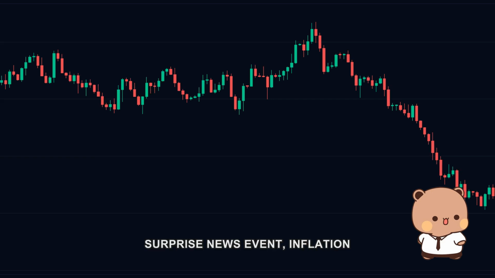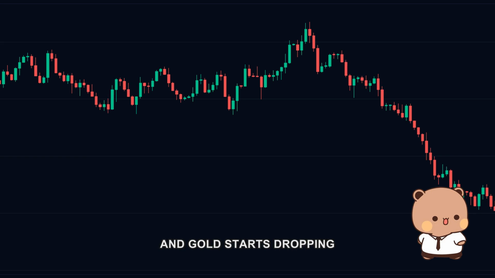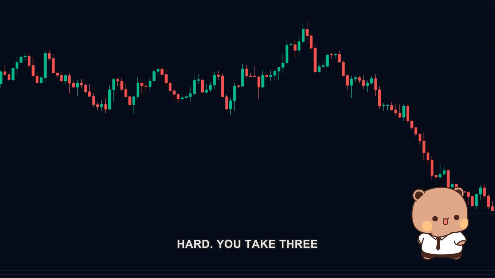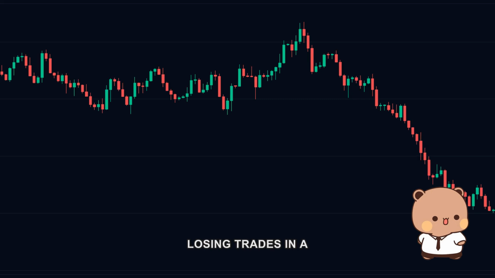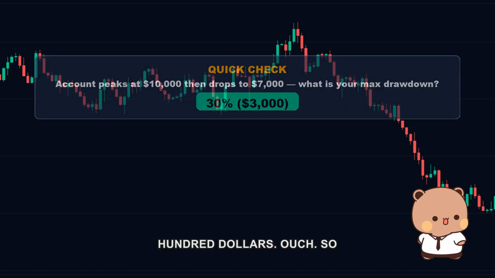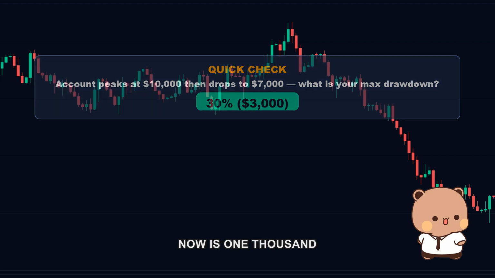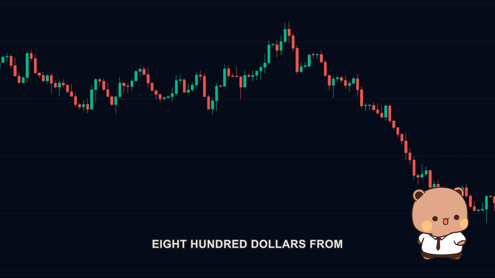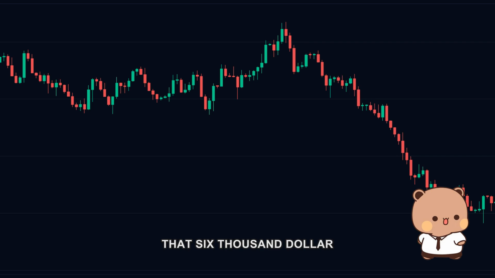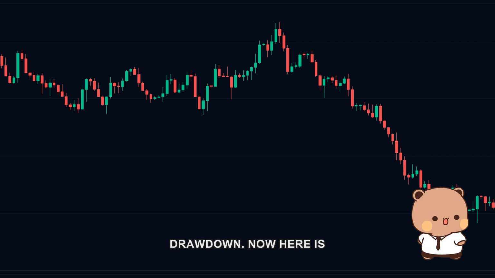Maybe there is a surprise news event, inflation data comes in weird, and gold starts dropping hard. You take 3 losing trades in a row. Your account falls to $4,200. Ouch. So your max drawdown right now is $1,800 from that $6,000 peak. That is a 30% max drawdown.